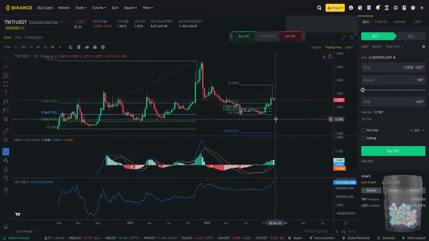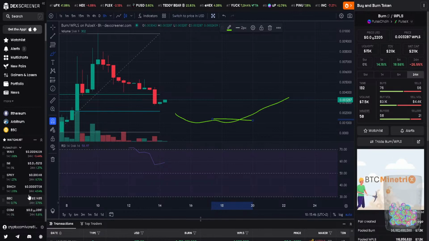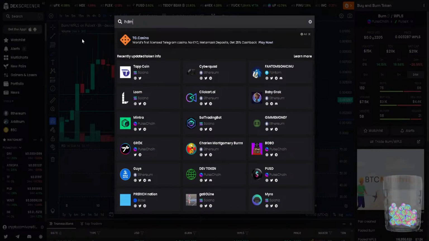Trust wallet, I mean, now that I look at it again, it's not very interesting. It's just quite high. Like, I would love for it to be below the VC line. Hedron.